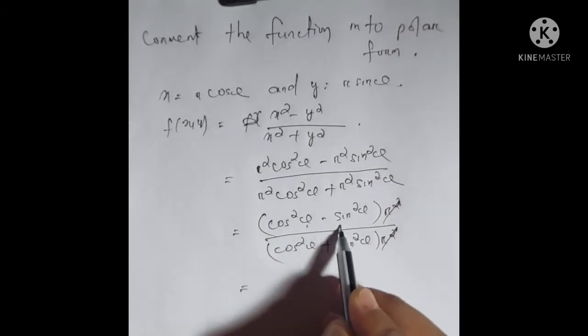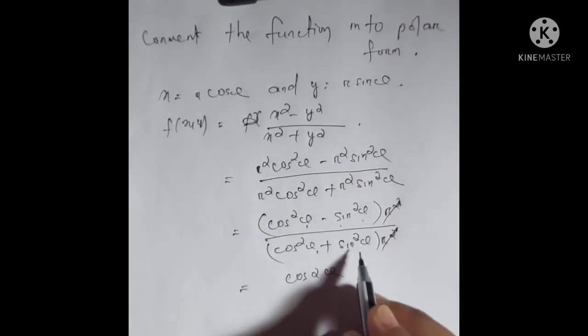This is equal to cos²θ − sin²θ = cos 2θ, and cos²θ + sin²θ = 1.